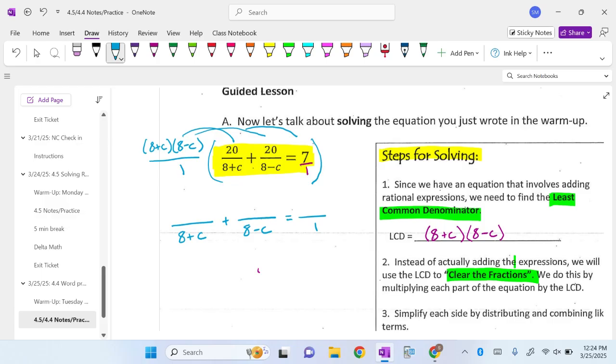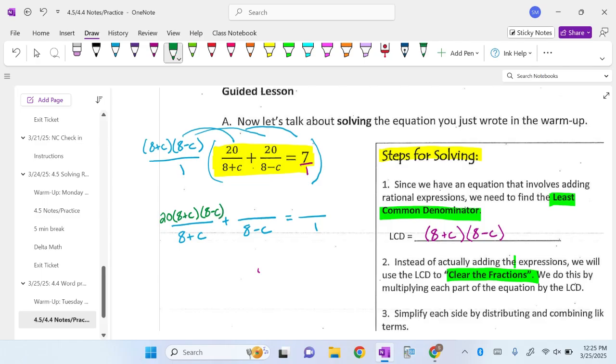So what do you think my first and second numerator would be if I distribute? If I just rewrite the multiplication, what would it be? So what's 20 times 8 plus C times 8 minus C? How would I write it? There you go.